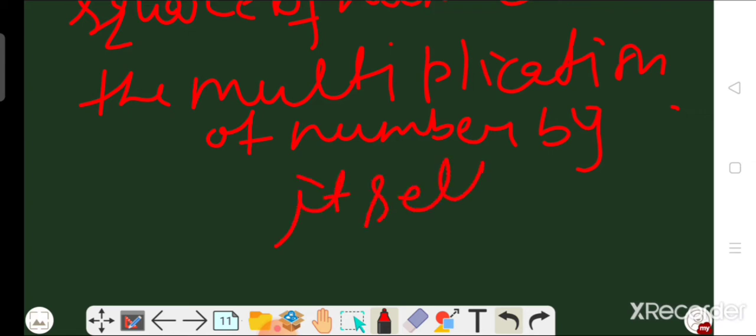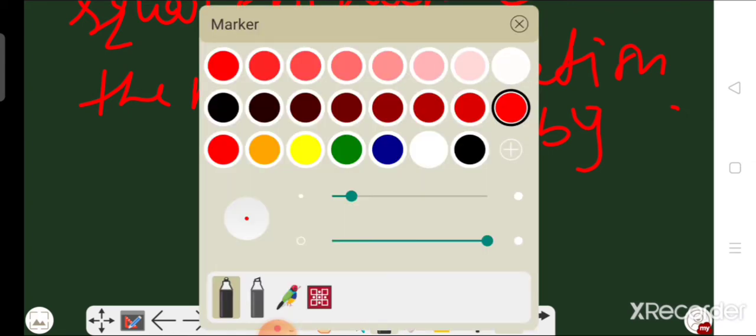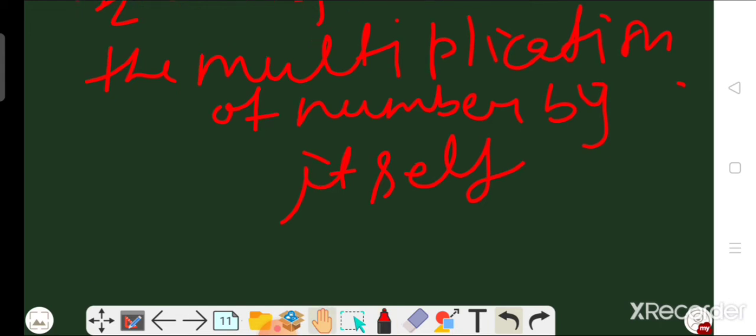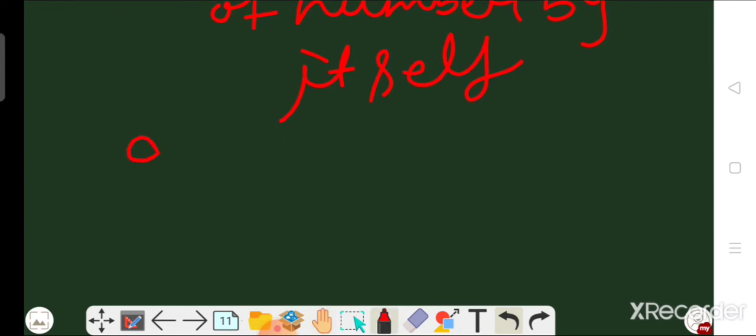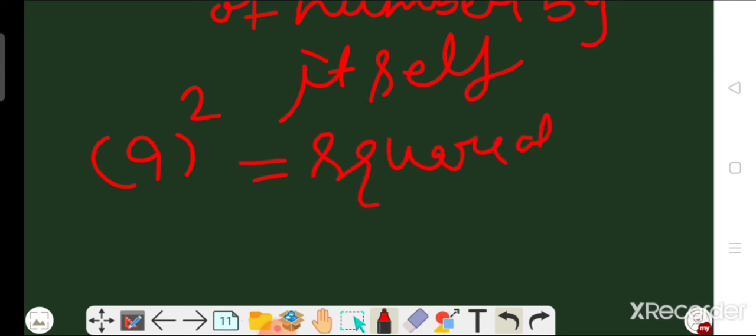It means, for example, if you have to find the square of a given number like 9, you have to represent the square of a number by raising power 2 to the given number. This is square of 9.